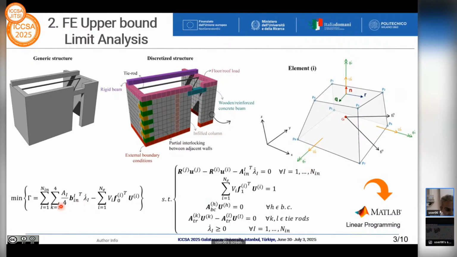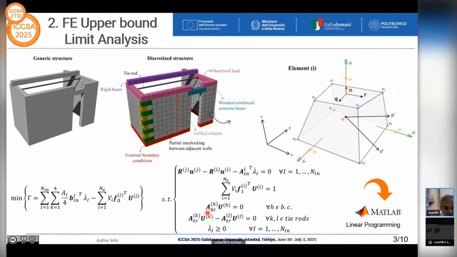This function, which is linear and is also called objective function, is subjected to a set of equality and inequality constraints. The equality constraints basically are the compatibility of the velocities at the interfaces, which involve the velocities of the elements and the plastic multipliers of the interfaces. Then there is a single normalization equation that is useful in order to select one failure mechanism among the infinite possible homothetic mechanisms associated to the same collapse multiplier.